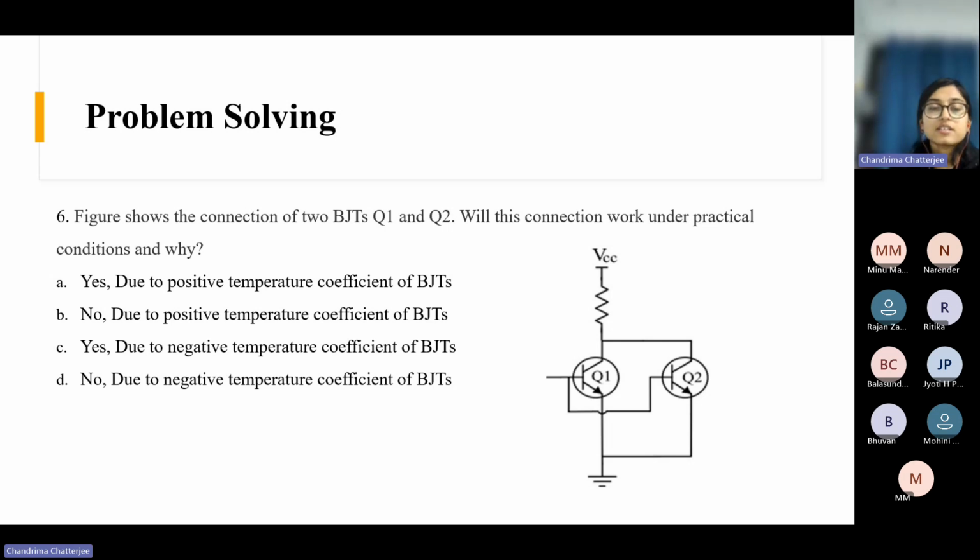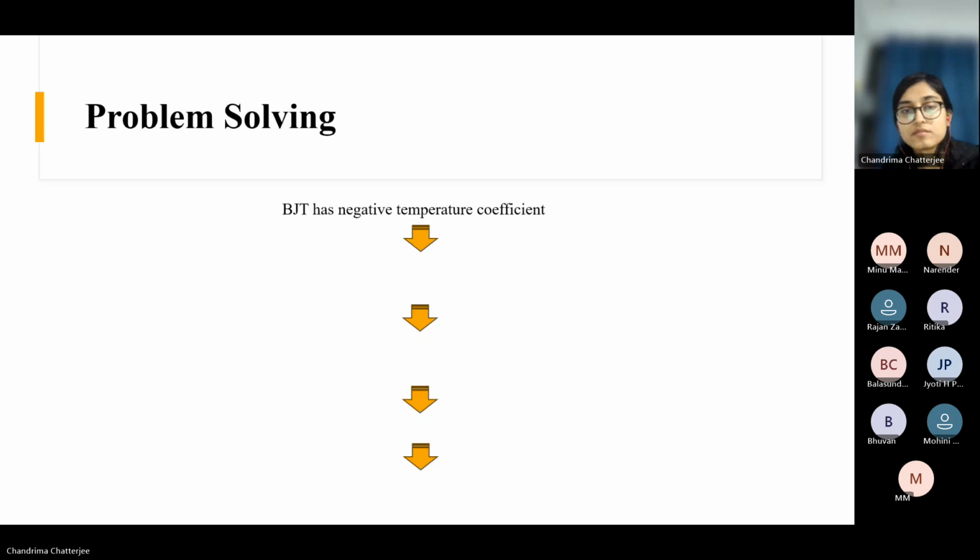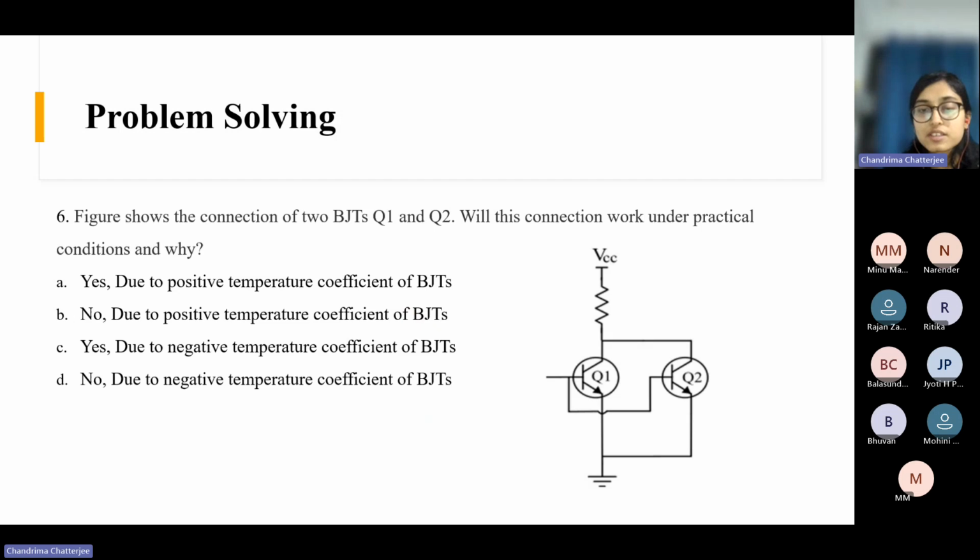So, here the reason is that I have explained it in the next slide. BJT, we all know that BJT has negative temperature coefficient, meaning whenever the temperature of the BJT rises, the resistance falls. So now, if you see these two devices, suppose the temperature of Q1 is slightly higher than temperature of Q2, because even though these two devices are identical, we assume, but practically two devices cannot be exactly identical.